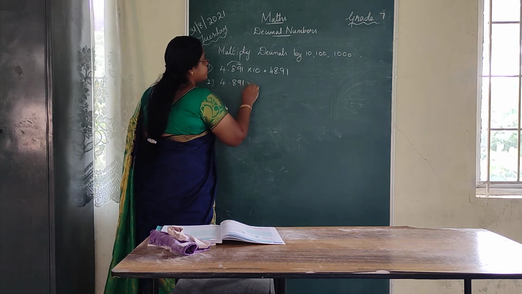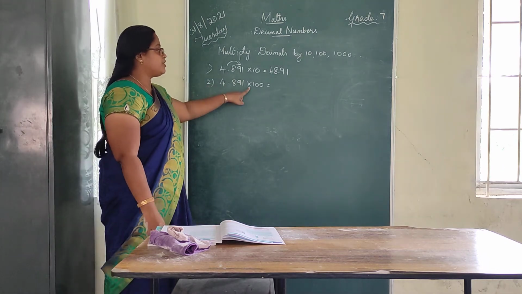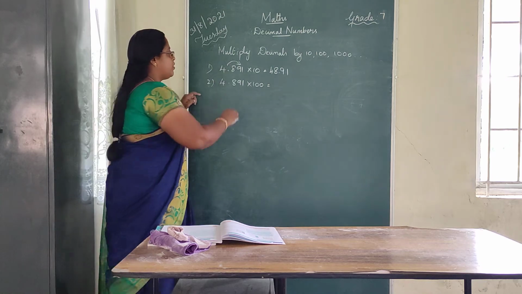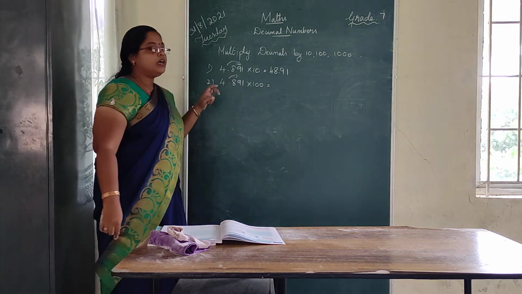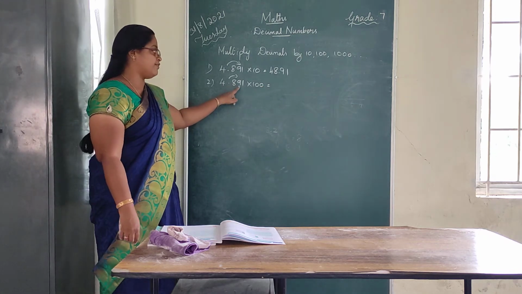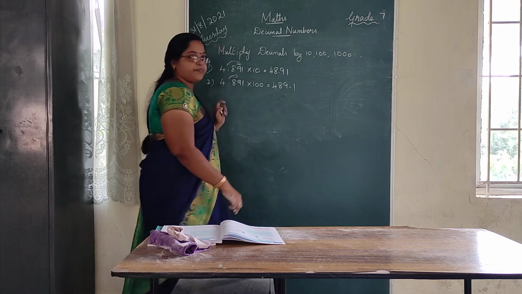The same question, 4.891 into 100. So multiplication of a decimal by 100, the point should move forward. How many steps forward? 2 digit 0s are there, so 2 steps forward. So 489.1.